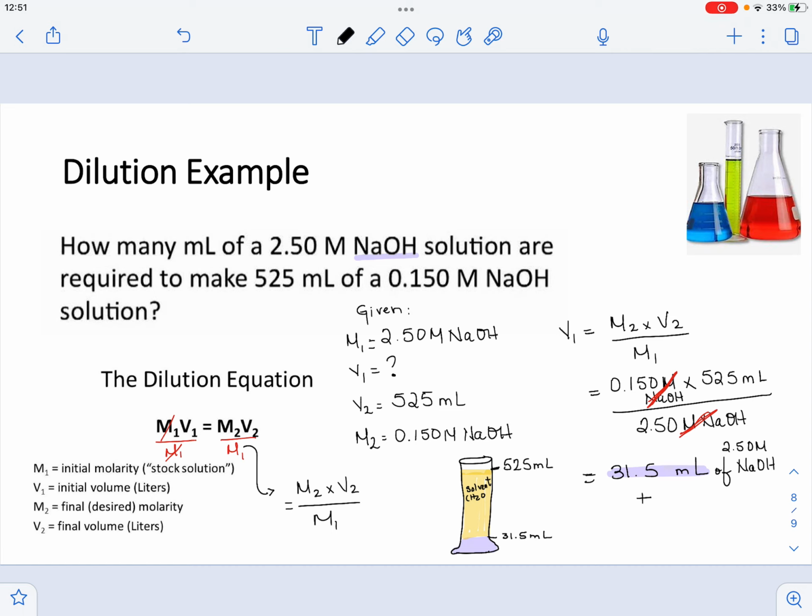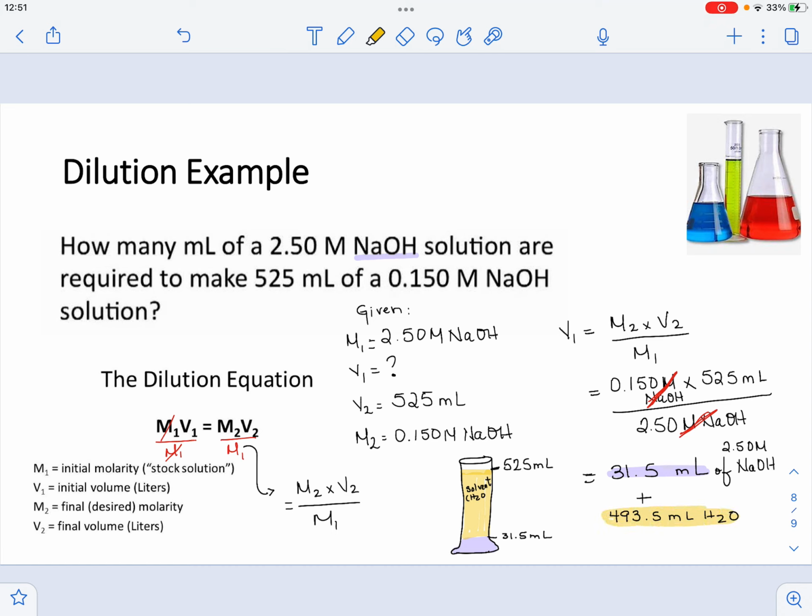So if I take my V2 minus my V1, I added 493.5 milliliters of water in order to make this solution.